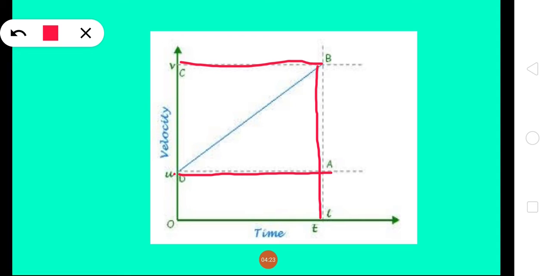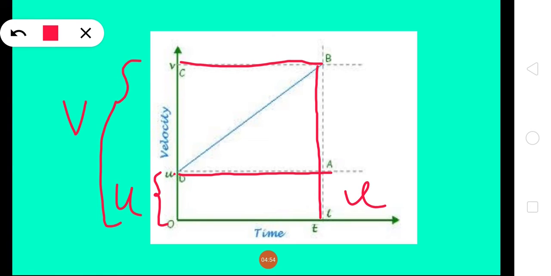So if you see here, O to D will be the initial velocity U, and from O to C is the final velocity V. If you see, OD and AT, they are of the same length.